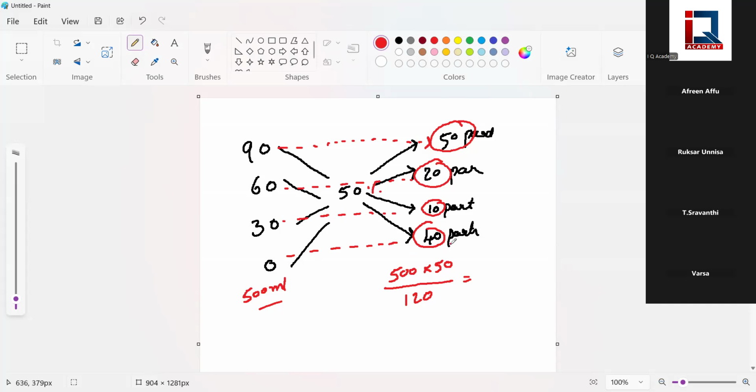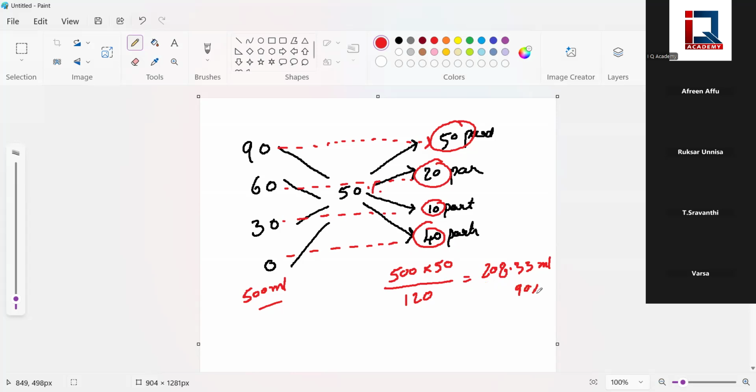Five hundred into 50 by 120 is 208.33. So 208.33 ml of 90% alcohol should be taken.